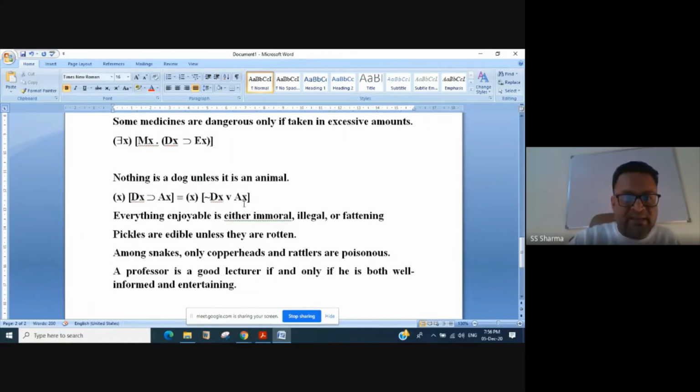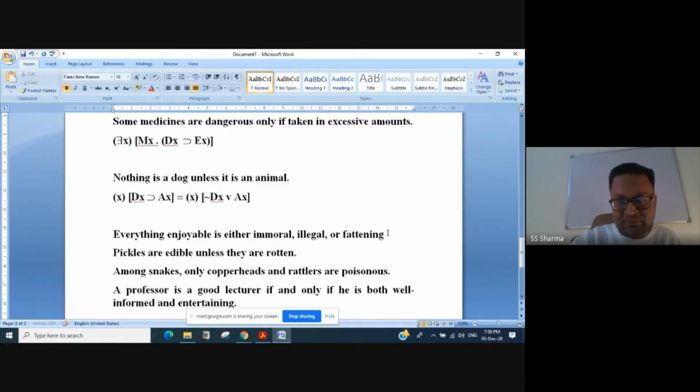Both are exactly equivalent expressions, but if you see the expression of this sentence, it very clearly says that we have to take it like negation of Dx wedge Ax, because this unless and this nothing is creating one negation over here, and this unless is creating this wedge over here. So this is the literal meaning, but it is nothing but an A proposition, right? So this was the thing.